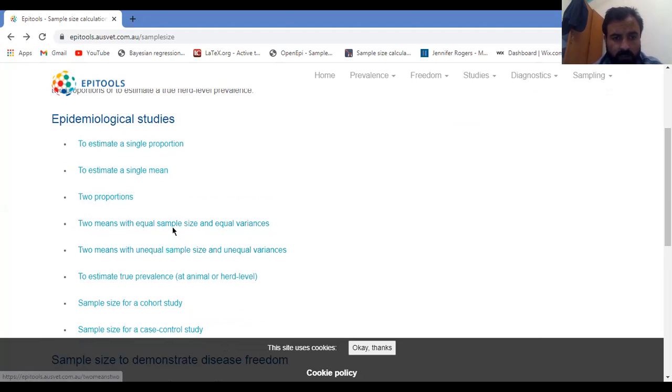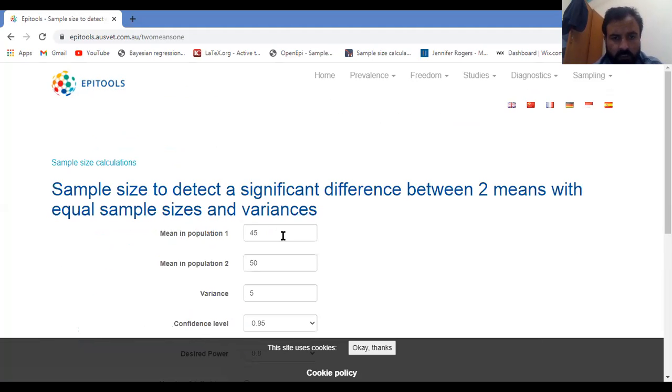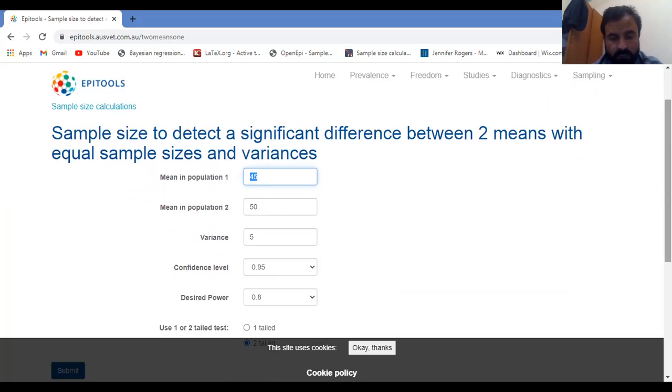We can see the second option as well. So this is the population mean for the first group, this is the population mean for the second group, and this is the combined variance. These inputs are arbitrarily chosen or based on expert judgment, and these inputs can also be taken from previous studies for the same population or the same setting.